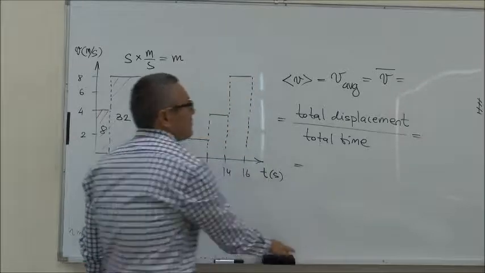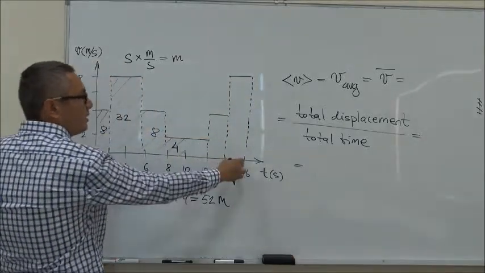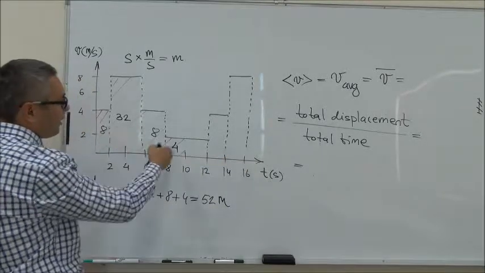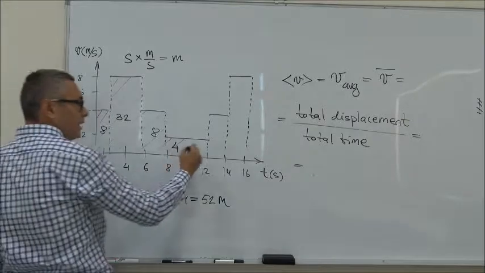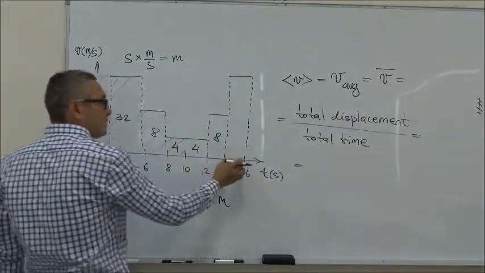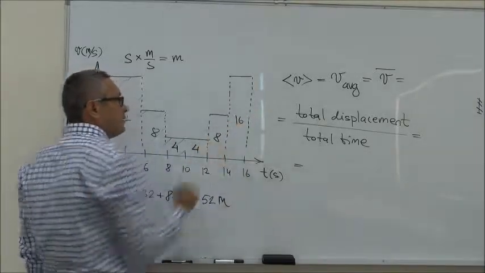So in this case, the displacement would be the area of the entire graph here. So we've already calculated half of it. So this will give us another 4, this is another 8, and this is 2 by 8, so another 16.